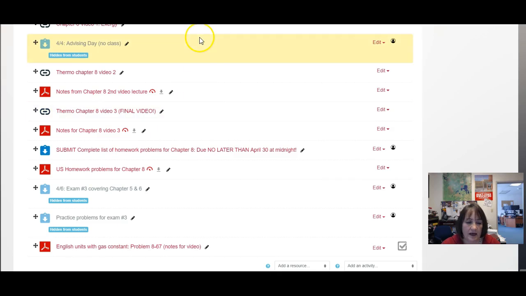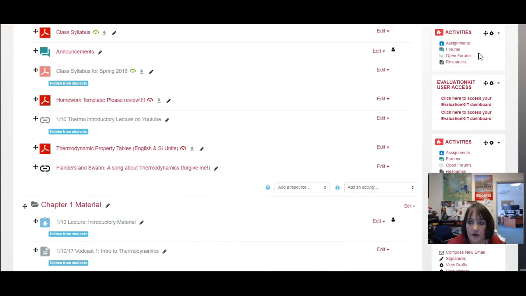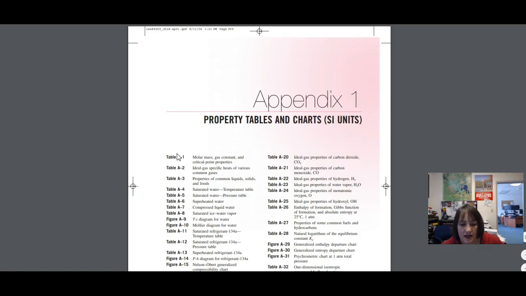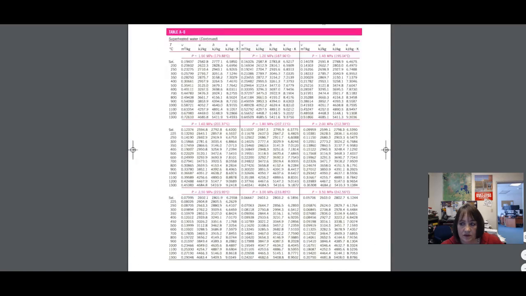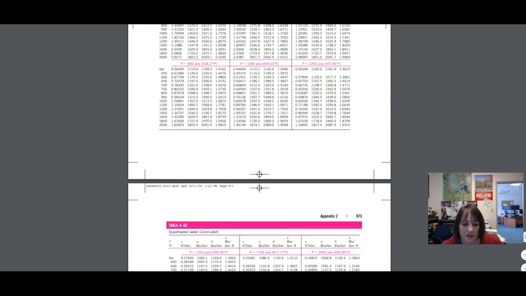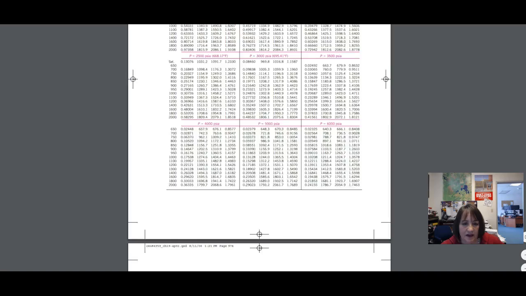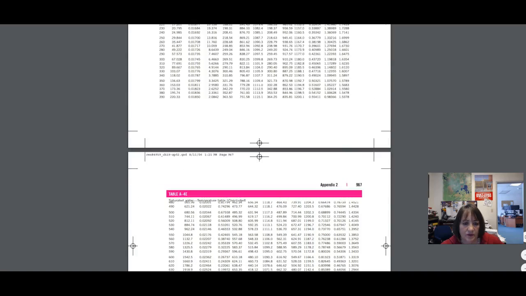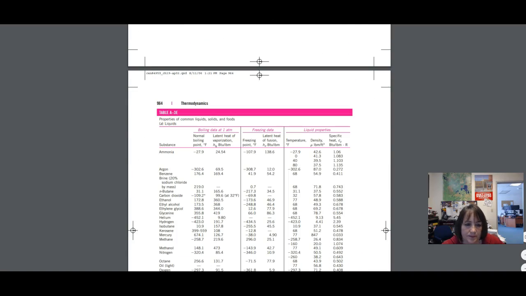Well, if you go back to either your textbook or you go back to our Moodle page, I have placed here the thermodynamic property tables in both English and SI units. Appendix 1 of the tables gives us SI units, which are not particularly useful to us at this point because we really have to get to the point where we have those English units.